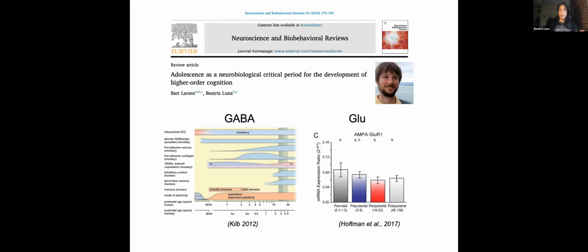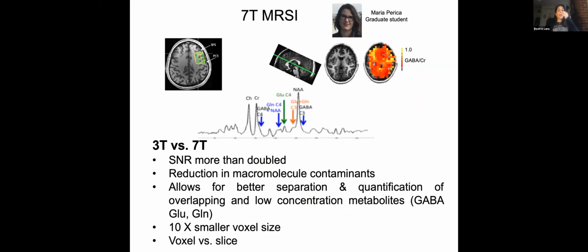So we said, okay, can we go and look at this? And I was talking to Hobie, this is what I would like to do. And he's like, actually, we can do that, but you have to go to 7T. And that's primarily because GABA, which you might see here, is this little blue thing. You can hardly see it.